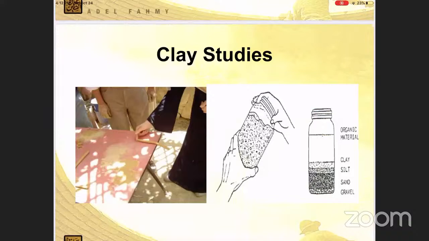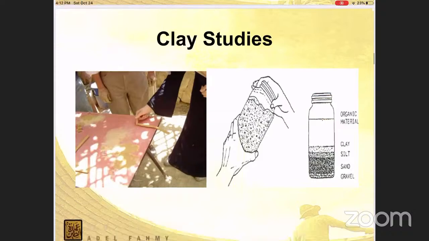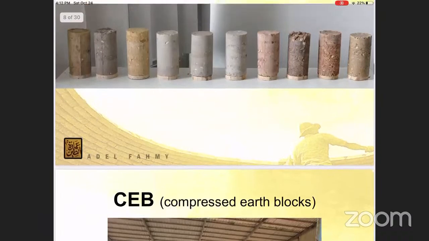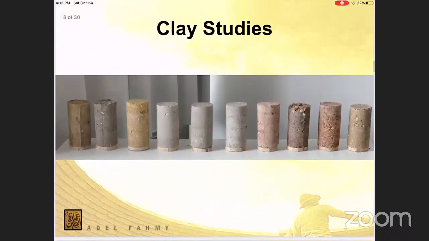So we really started to make a lot of study to find out what is clay and which one is appropriate to use for architecture. We did a lot of investigation. Here is some investigation also in Stuttgart. We took a lot of different examples of soil and we tested.